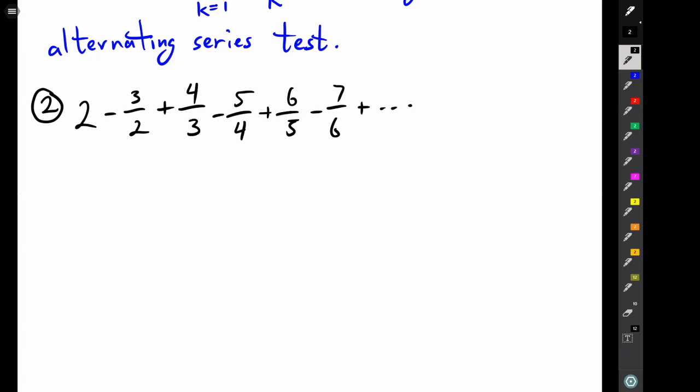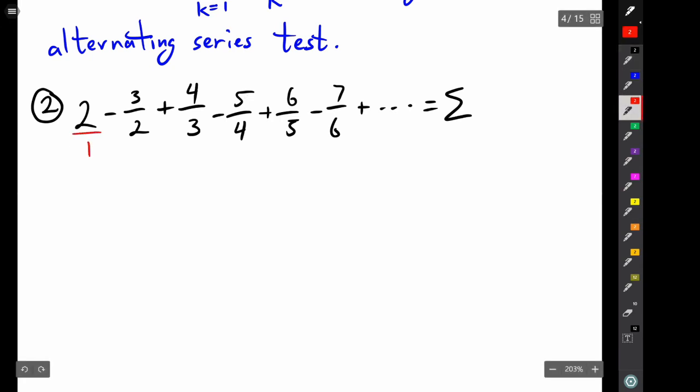What is the a_k? What do the terms look like? Here we have a number over the number before it, a number over the number before it, a number over the number before it. So this can really be thought of as 2 over 1.